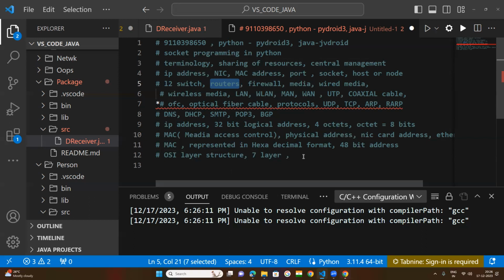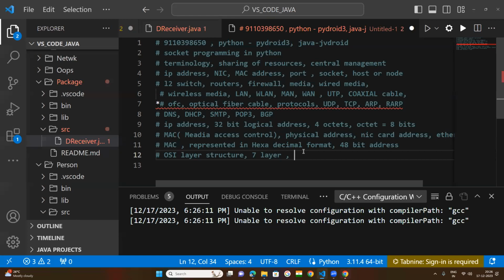Okay. At every layer, data has a format. At routers, data is called packets. At an L2 switch, the data is called frames. And at the transport layer, the data is called datagrams, otherwise segments.